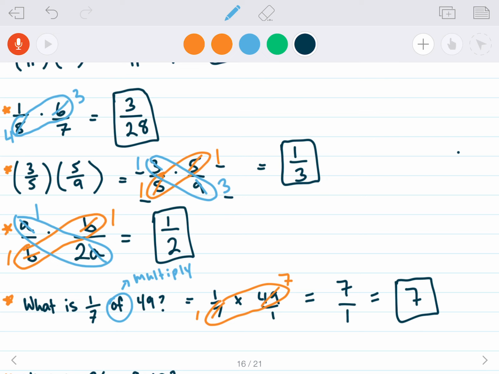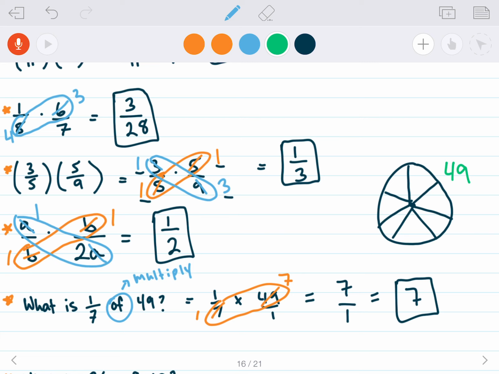We could also think of this in terms of a pie, right? So if I have... that's a terrible pie, but I think you guys get the picture. Let's say this whole pie represents the number 49.